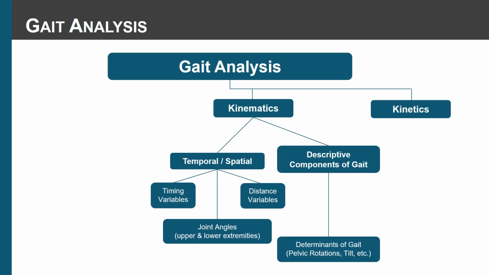So determinants of gait are key biomechanical parameters required for efficient gait. There are 6 of them: the pelvic rotation, pelvic tilt, optimal knee flexion at stance, foot and ankle motions, knee motions, and lateral pelvic displacements. And these were all established back in 1953 by Saunders et al. Kinetics would be focusing a little bit more on ground reaction forces, power, and torque measurements, just to name a few.